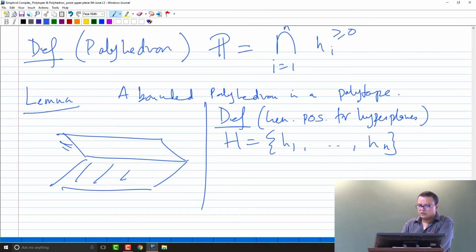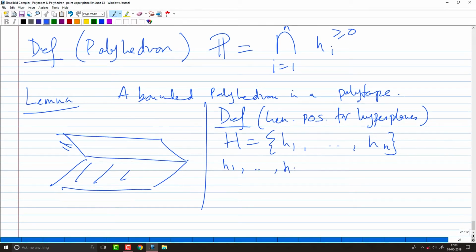They will be in general position if the intersection of k of them, so take k of them, H1 to Hk, where k is less than or equal to d, the intersection of these Hi's, i equal to 1 to k, this affine space will have dimension d minus k.